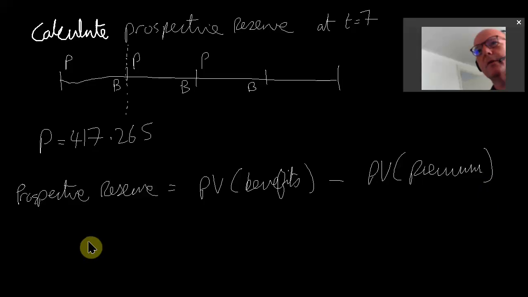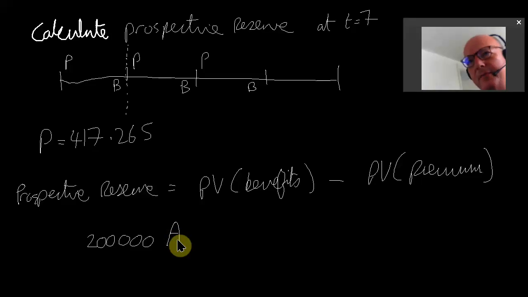So what is the present value of the benefits? Well, the benefits are £200,000 times the assurance function we've got. Now, the reserve at t equals 7 is where we're at 7 years in the future.